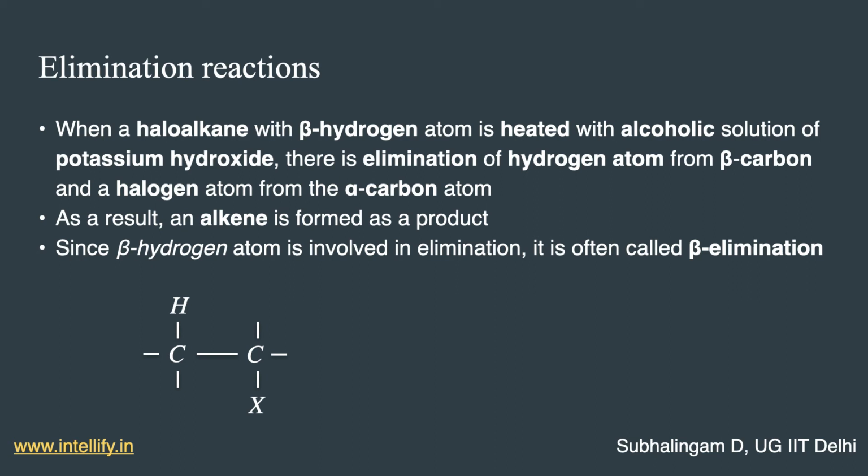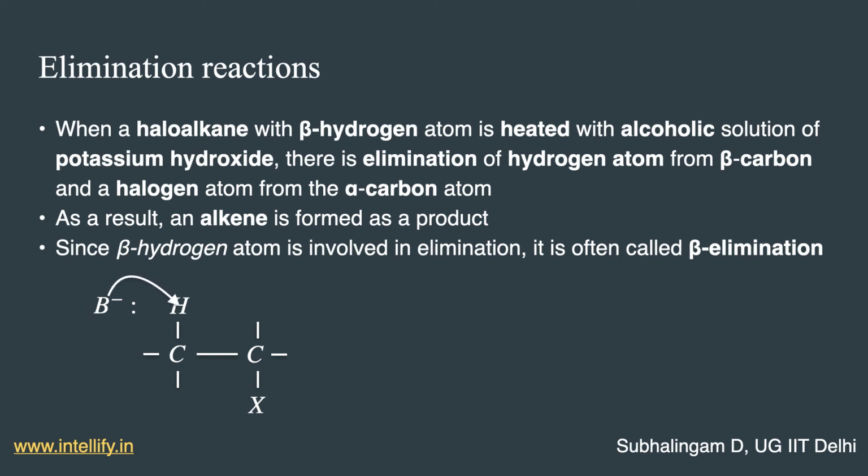So as you see here, we have a halogen bonded to a carbon, and that is to the right, and the carbon that is to the left of that carbon has a hydrogen. So that carbon is called beta carbon. And we have a B minus. What is B minus? B minus is a base. And X is called a leaving group as usual.